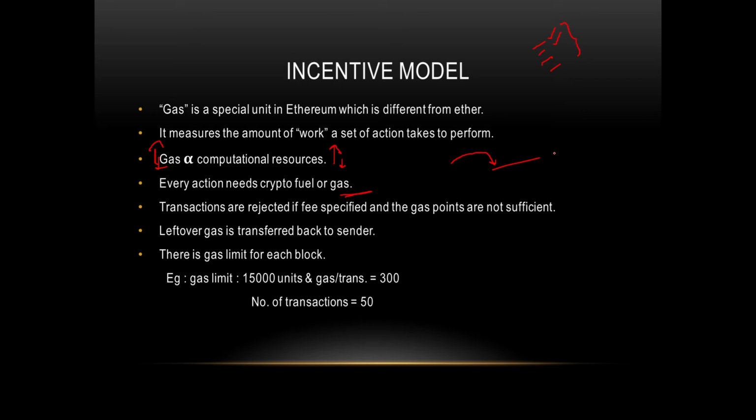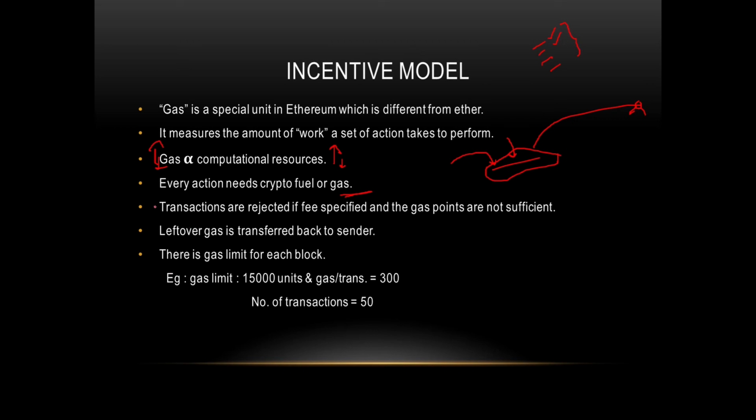If it is less or insufficient, then the transaction will be rejected. And what if it is more? If a transaction has more gas points than what is needed, after the execution of this transaction, all the gas which is left over will be sent back to the sender. So if this is the sender, he'll get all the extra gas points back.